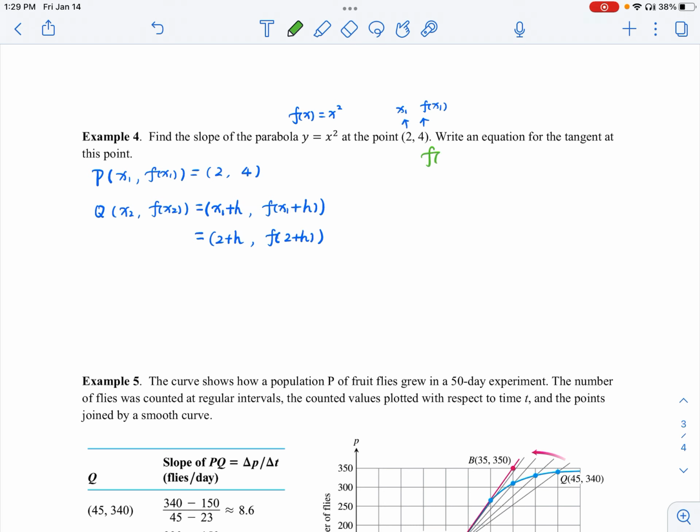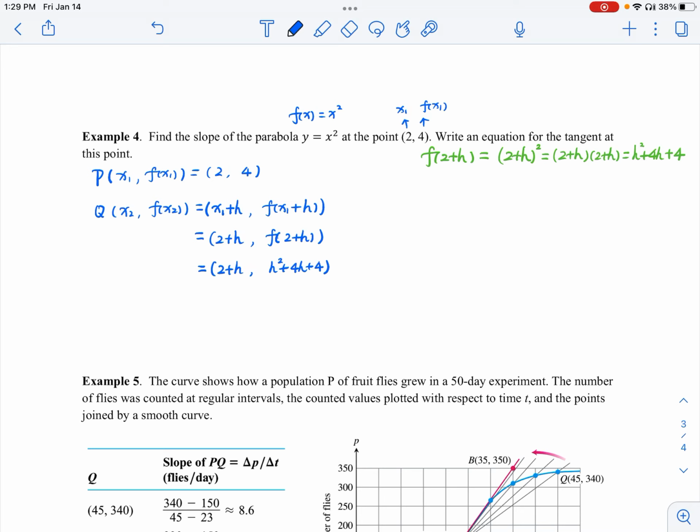That is (2 plus h) squared. We can use FOIL. Give us h squared plus 4h plus 4. So we can simplify a little bit more over here. That is 2 plus h and h squared plus 4h plus 4. We found the 2 points.